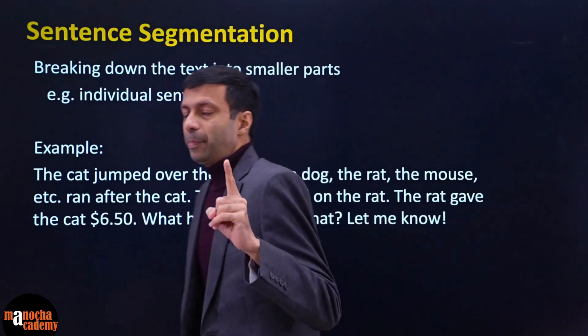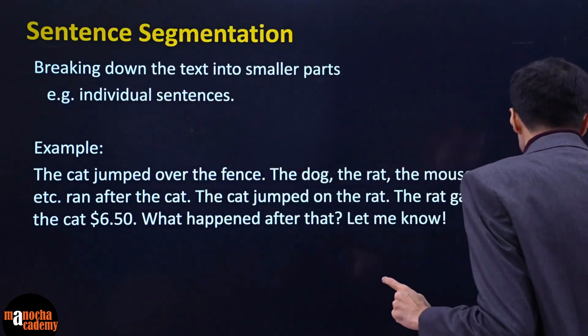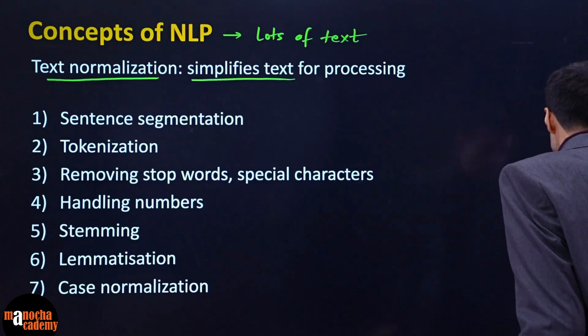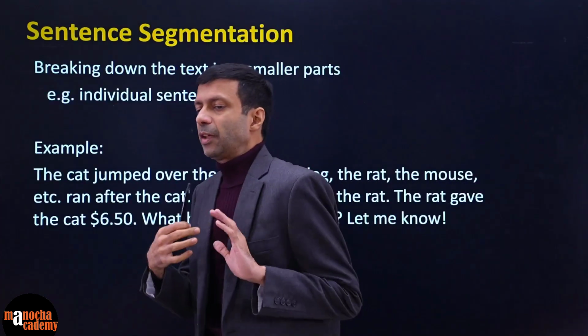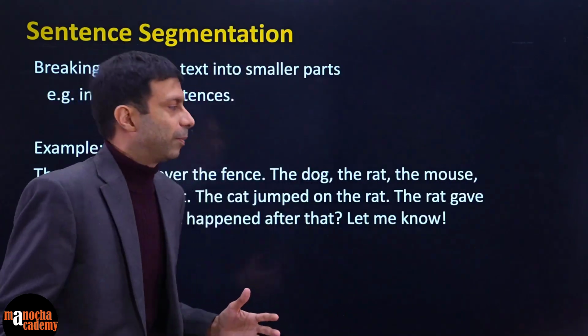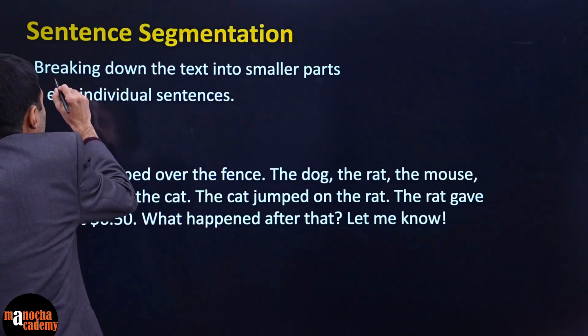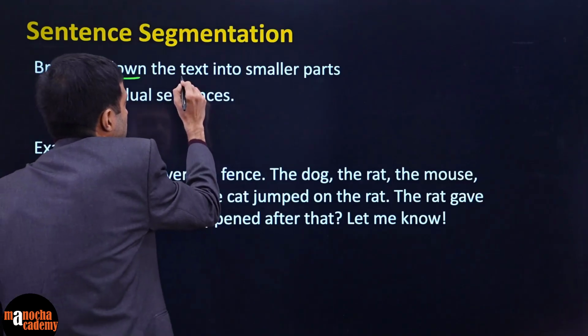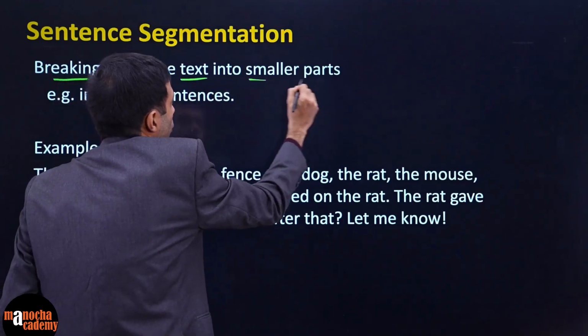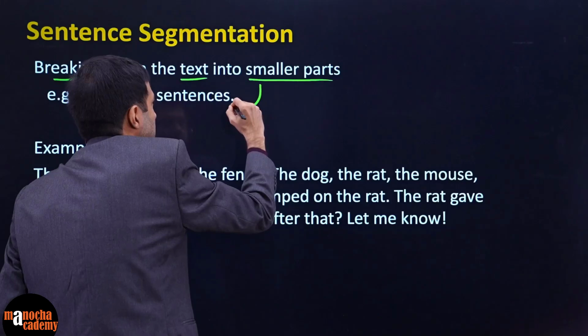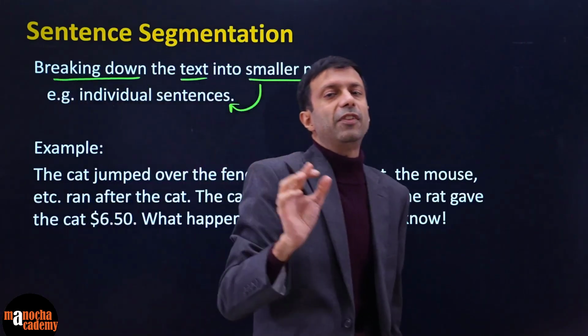So the first step in text normalization is sentence segmentation. This is pretty easy. If I give you a bunch of text, like a storybook, sentence segmentation basically says break down all the text that is given into smaller parts, basically into individual sentences.